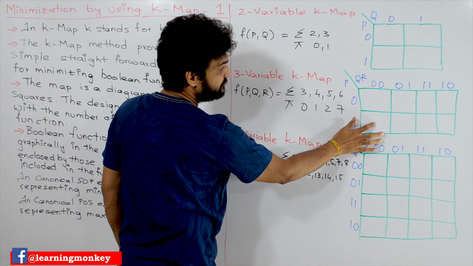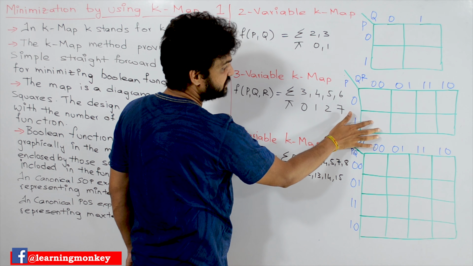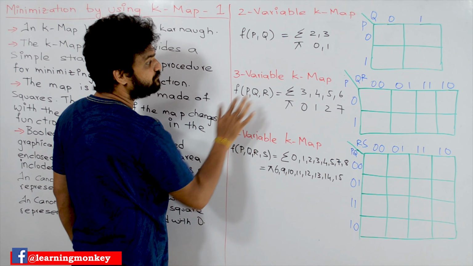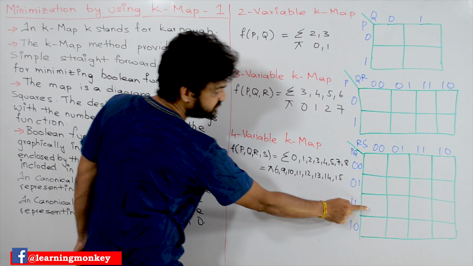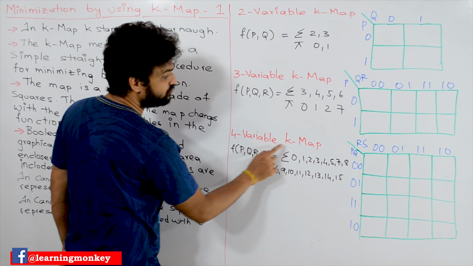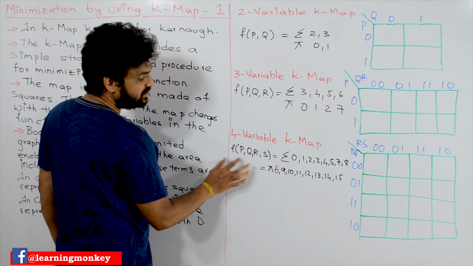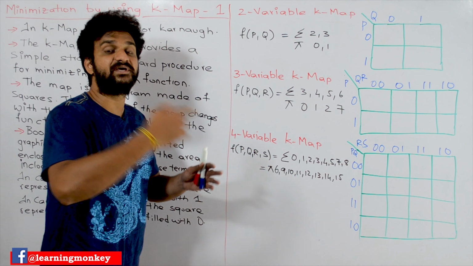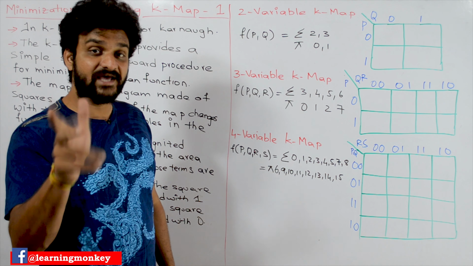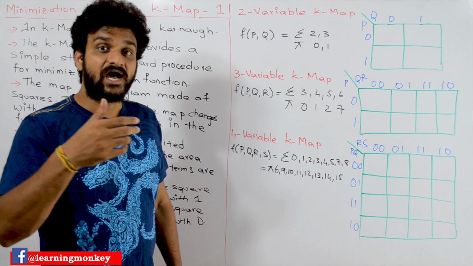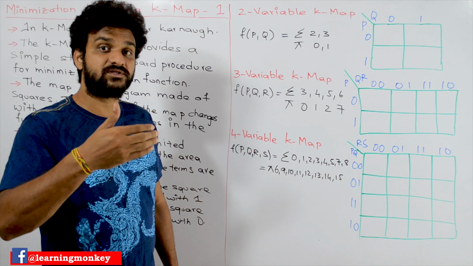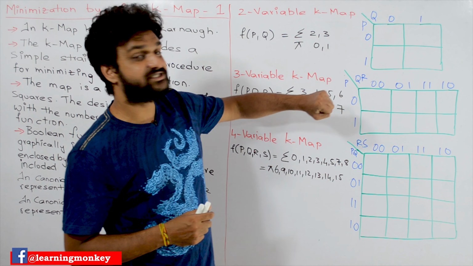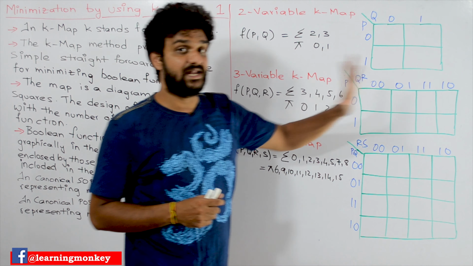Similarly, this K-map is different because it has been designed for a three variable Boolean function, and this is the K-map designed for a four variable function. The design of the K-map has squares. Why those squares, how those squares, and how they help in minimization, we will understand later.